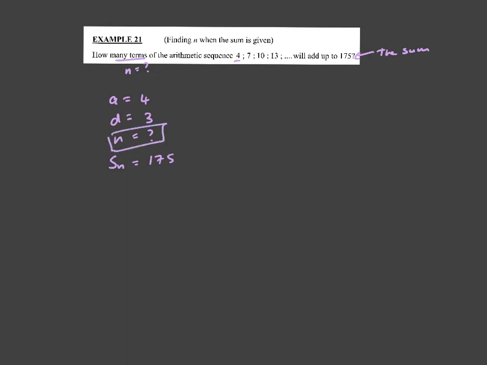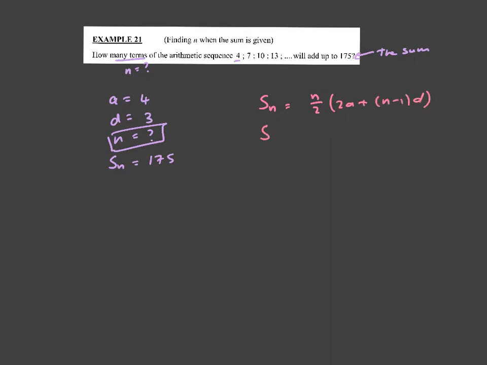Let's go for it. In this case, we don't have the value of the last term, so I wouldn't use that other equation, the a plus l. No, that's not necessary. We're just going to use our default formula now. So Sn is equal to n over 2, (2a plus (n minus 1)d).